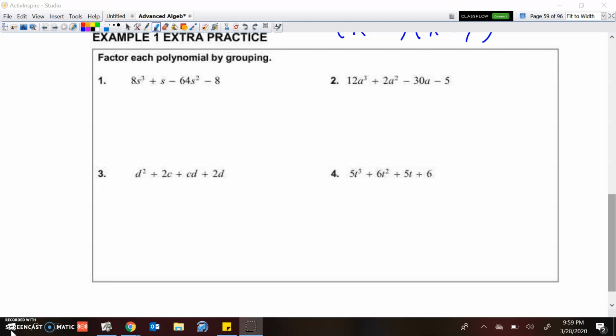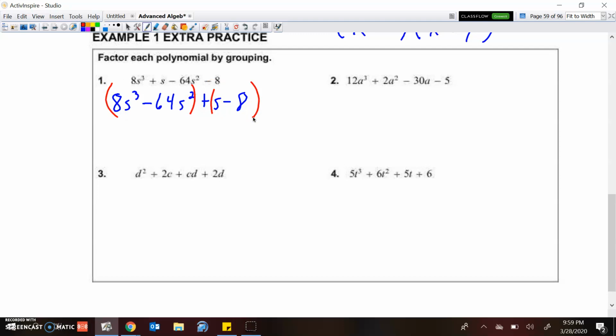It's not in standard form, so I'm going to recommend we do that first. 8s cubed minus 64s squared plus s minus 8. Okay? Again, we have that freedom to write it in any order, but I like to start in standard form and go from there. So I'm going to group my first two and my last two terms.